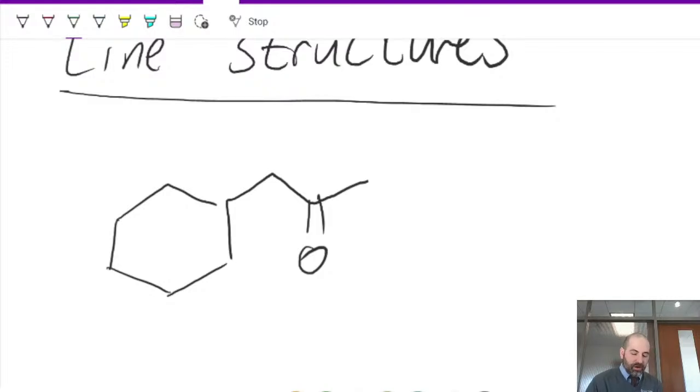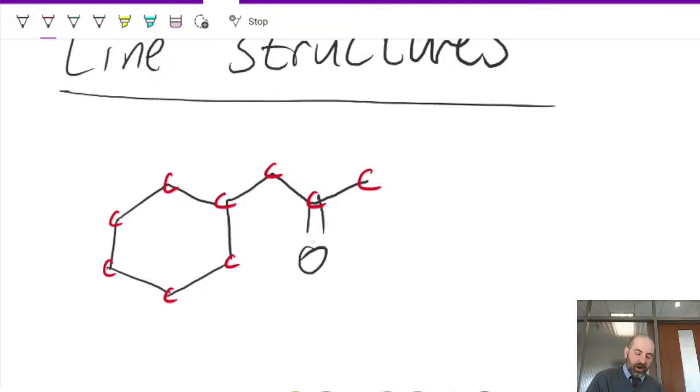Here we're going to look for carbons at each intersection, and if you've got this in your notes, you can draw directly on it. Anytime those lines intersect, we can find a carbon atom. Also this very end of a line is a carbon atom.